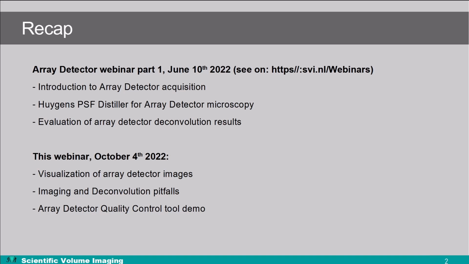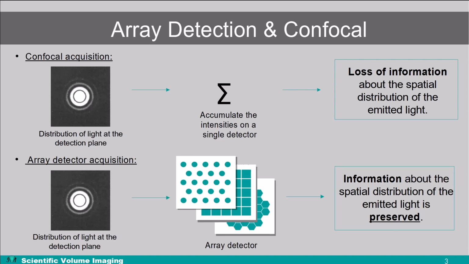Let's now first walk through a small recap of the most important bits of information, like the key differences between Array Detector microscopy and regular confocal microscopy. Regular confocal microscopy uses a single photo detector to capture light from the first Airy disk. This light passes through a pinhole to block out the out-of-focus light which you have with wide field microscopy.